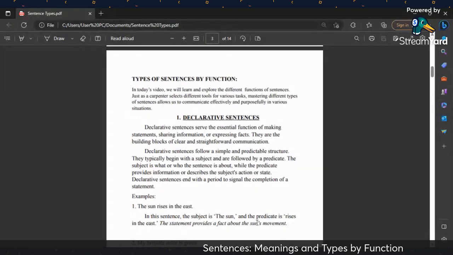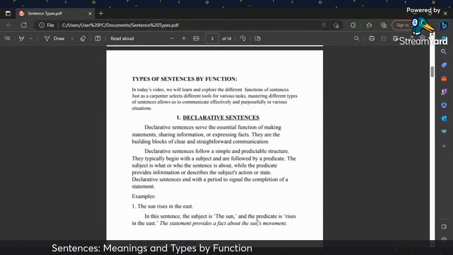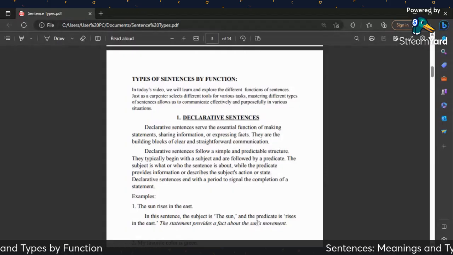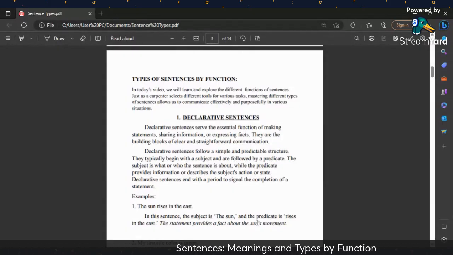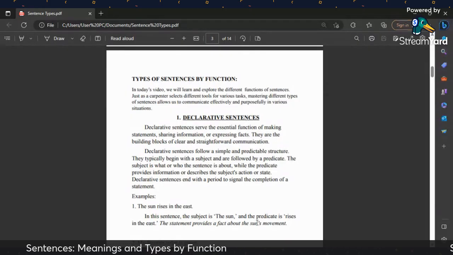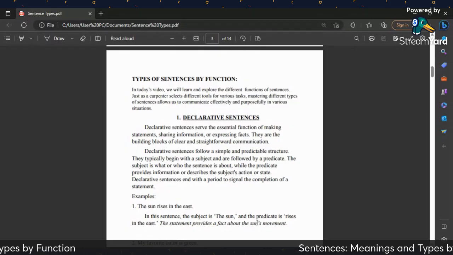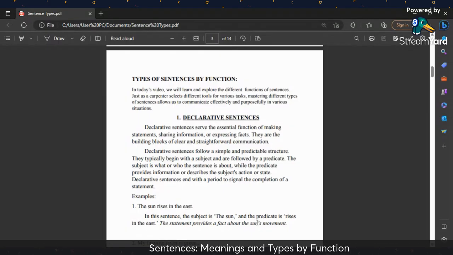And as I said earlier, the subject is what or who the sentence is about, while the predicate provides information or describes the subject's action or state. And take note of this, the punctuation mark you use for declarative sentences is the full stop or the period. Most of the time, you can easily identify a declarative sentence by the full stop.